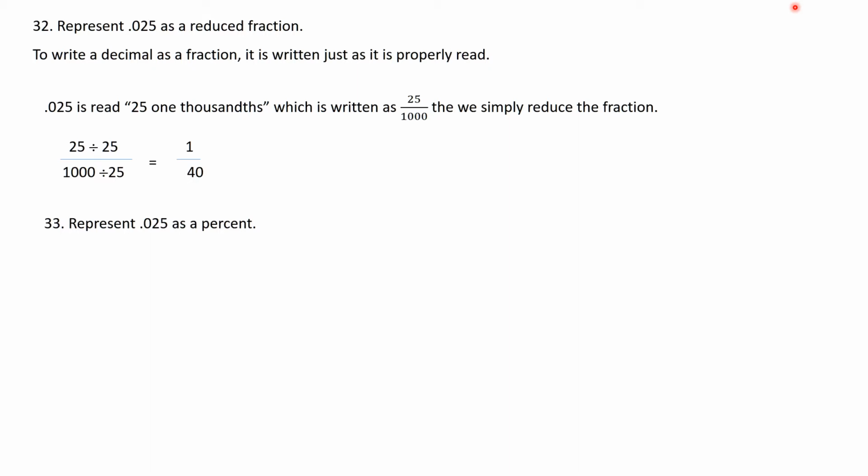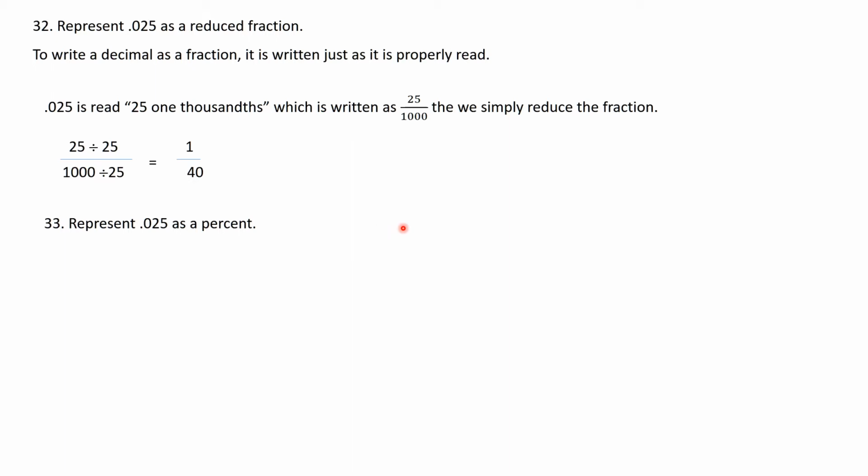Now, if I wanted to change this to a percent, I could do that a couple ways. Percent means out of 100, so I could change this fraction to an equivalent fraction with 100 in the denominator. However, that's not going to be easy because 40 doesn't go into 100 easily.